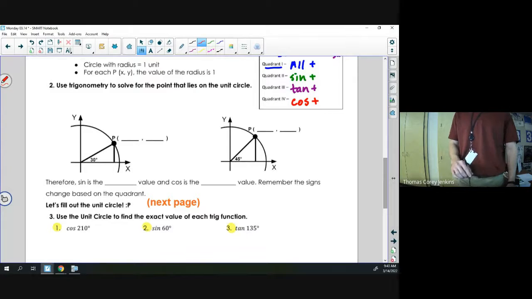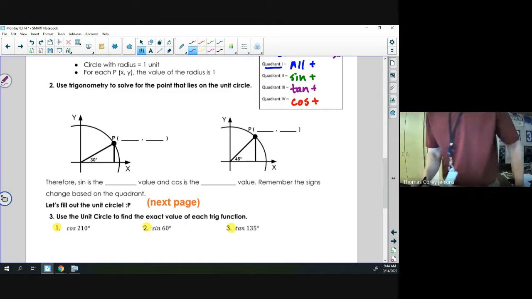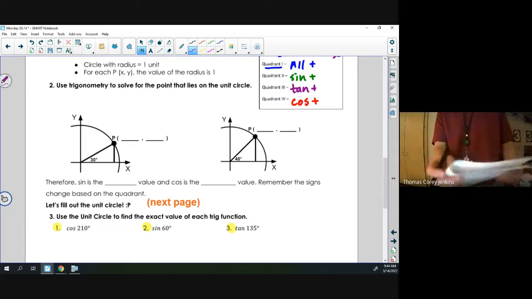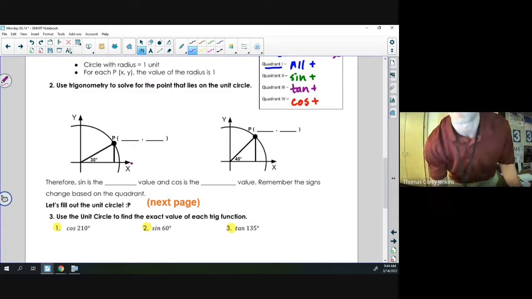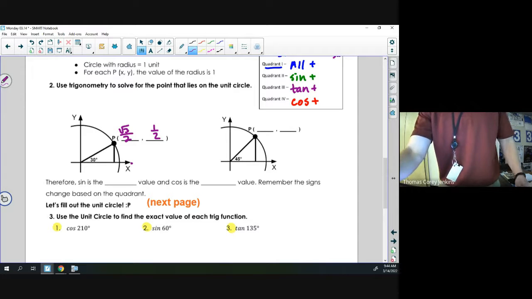So how does all this work? From our unit circle, our first point that we look at, and we already filled this out, was square root of 3 over 2, comma 1 over 2. Let's think about our trig ratios there.